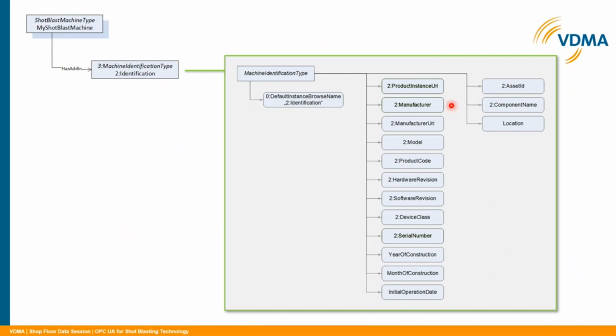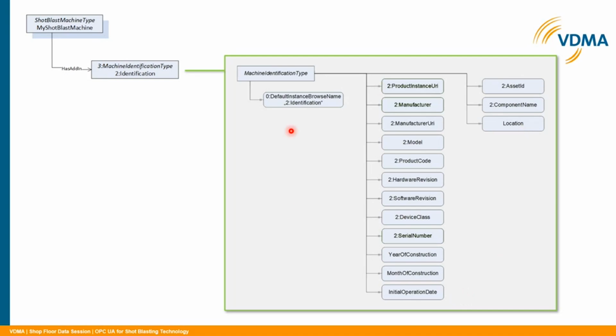So we have information about the manufacturer, we have information about the model of this machine, hardware and software revision. We can add the serial number, the year of construction, month of construction, and also very important, the initial operation date, so the date when you set up your machine in your machine park first.